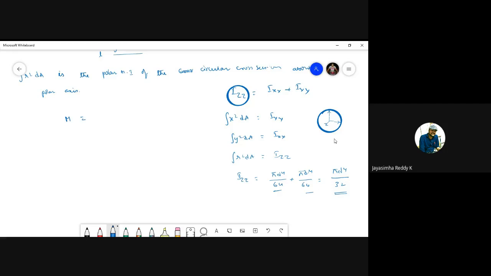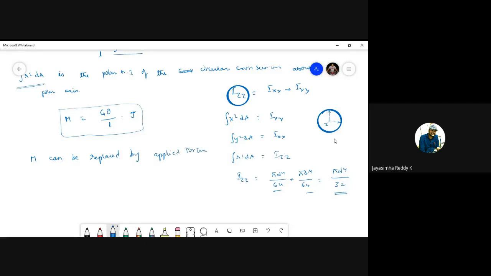Our equation is M is equal to G theta by L into J. What is J? J is polar moment of inertia, that is integral over r square dA. So this is one derivation that we have derived. M can be replaced by applied torque.